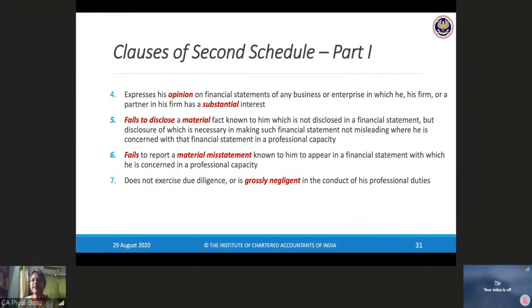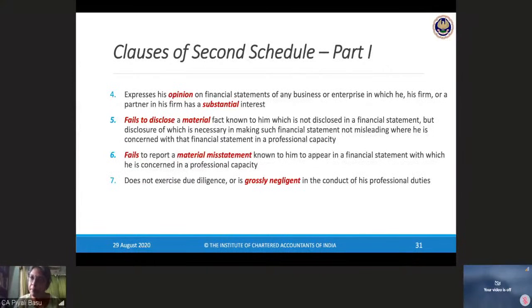So keep that in mind, that if he has substantial interest in a particular company where the firm is having some engagement, the person concerned, a partner having such interest, should not be giving any opinion. And it includes all types of audit, not necessarily statutory audit.